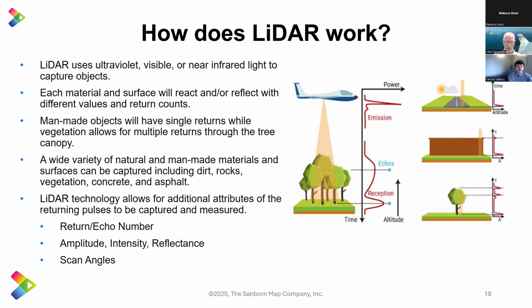All of that can be used later as we process and try to understand what it is on the ground that we're actually looking at. So the terminologies of amplitude, intensity, reflectance, and all of these different bits of information enable us to look at different things, dirt or rock or trees or buildings and things like that.